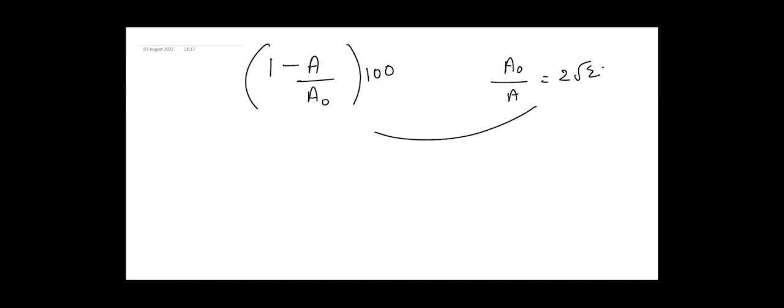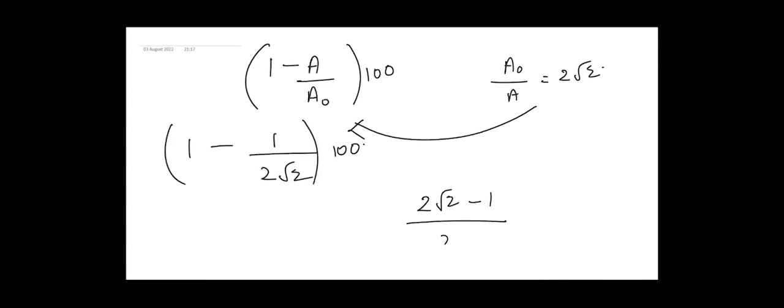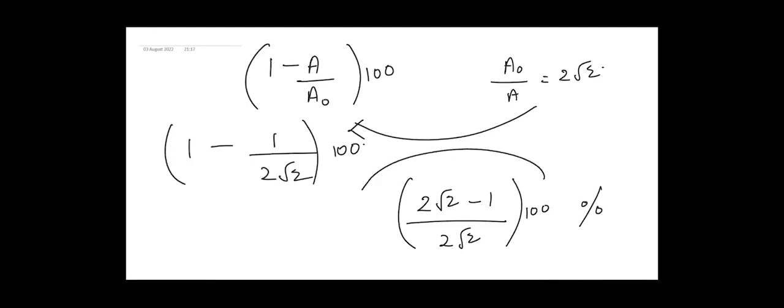In the question, they have asked us to find 1 minus A by A naught times 100. We have already found A naught by A to be 2 root 2. So the answer becomes 1 minus 1 by 2 root 2 times 100. The final answer is 2 root 2 minus 1 by 2 root 2 into 100 percent. This we can calculate.